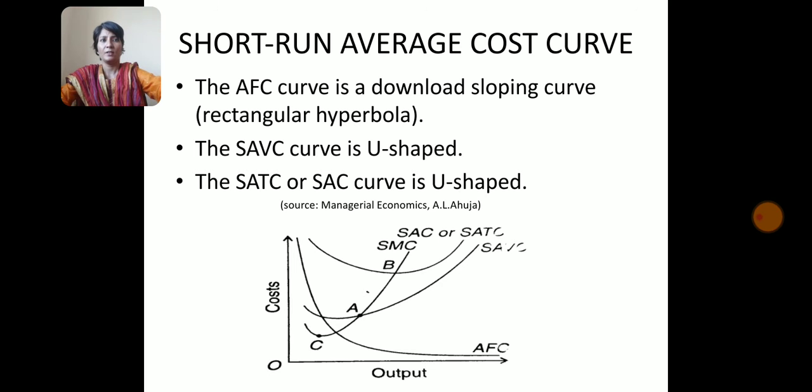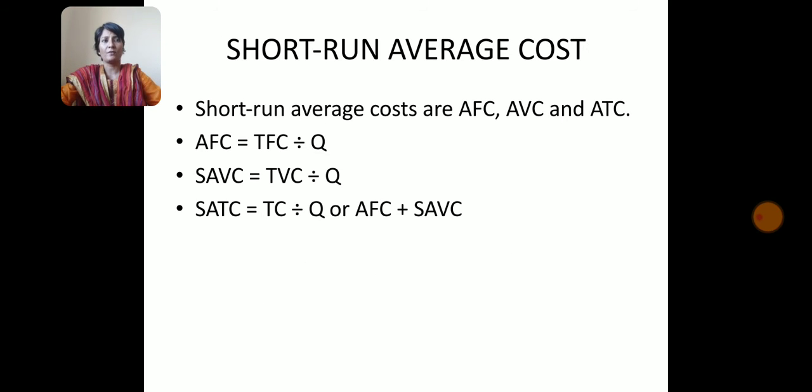The next one here is short run average variable cost, or in short SAVC. SAVC or just AVC is equal to total variable costs at each level of output divided by the number of units produced.